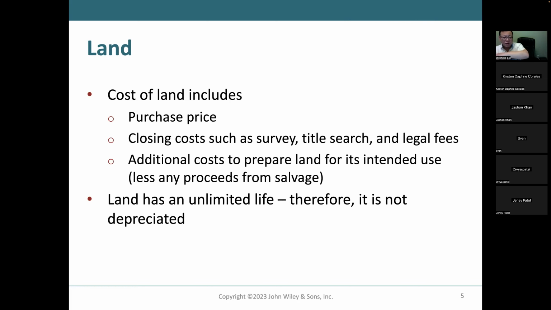There are additional costs to prepare land for its intended use, right? For example, when I was in Alberta, I lived in Clodagh. I purchased a property. The property had a very, very old and crappy house, small and outdated.